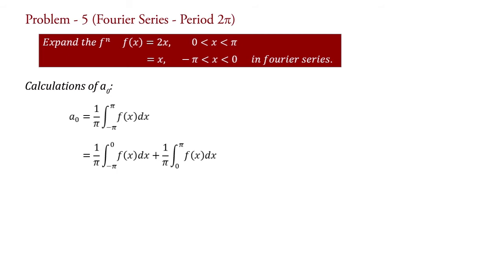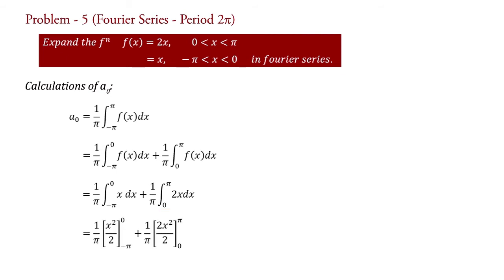Now, taking the value of f of x in each interval, we have a0 equal to 1 upon pi into, here f of x equal to x and here f of x equal to 2x. By integrating, integral x is x square upon 2 and integral 2x is 2x square upon 2. Therefore, a0 equal to 1 upon pi into x square upon 2 with limit minus pi to 0, plus 1 upon pi into 2x square by 2 with limit 0 to pi.